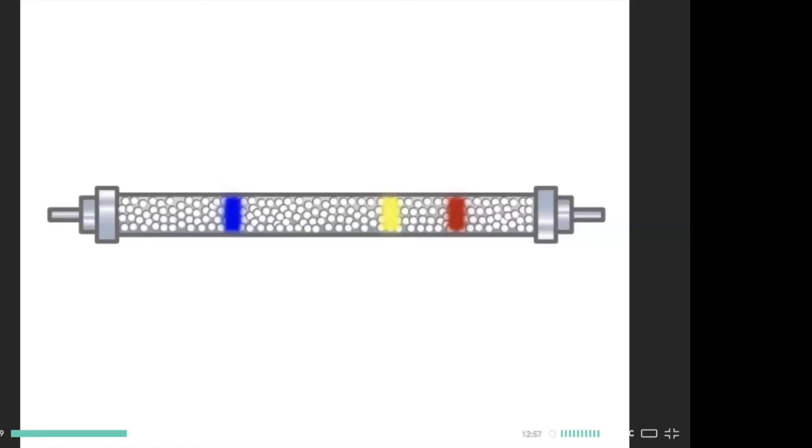So the separation principle of HPLC is based basically on the distribution of the analyte or the sample between a mobile phase, that is the liquid, and the stationary phase, this is the column. So depending on the chemical structure of your sample, the molecules are retarded while passing the stationary phase. So different components will travel at different rates. So that is the separation principle of HPLC.